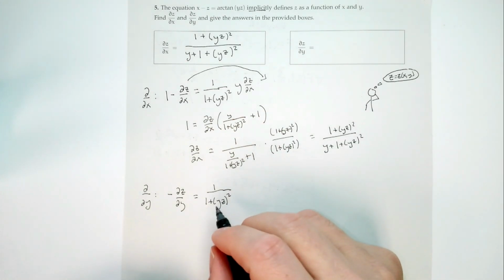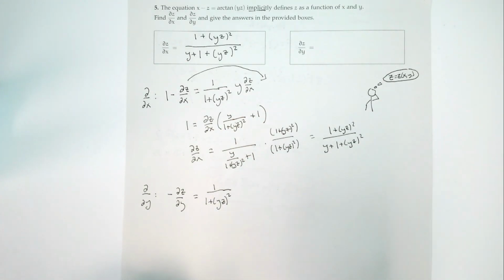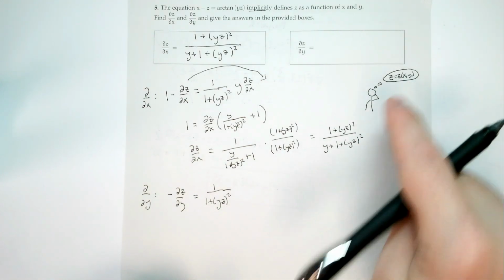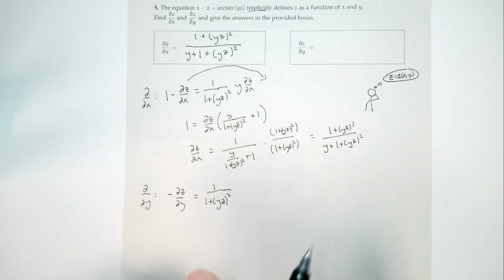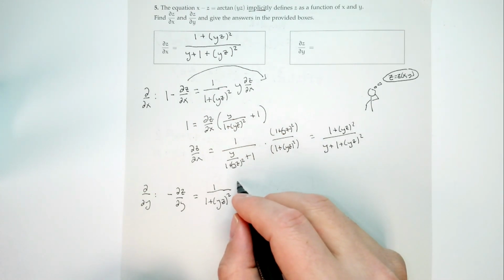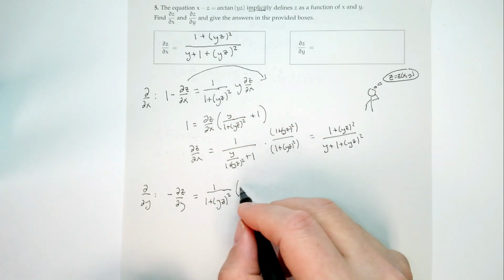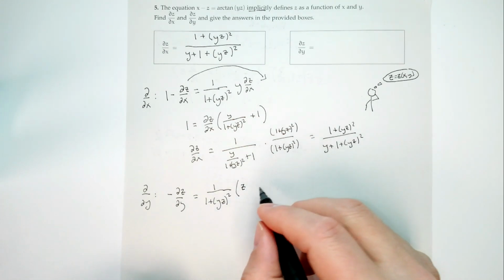Now, how do you take the derivative of yz? Be careful. How many y's are there? There's 2, right? They're multiplying together, so we've got to do the product rule. We take the derivative of the first. The derivative of y with respect to y is 1, so we get a z.